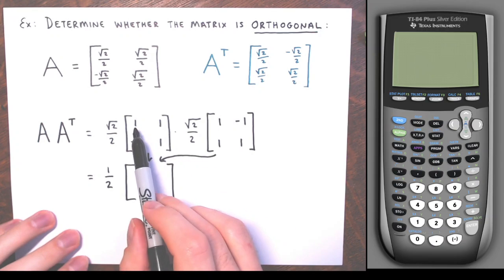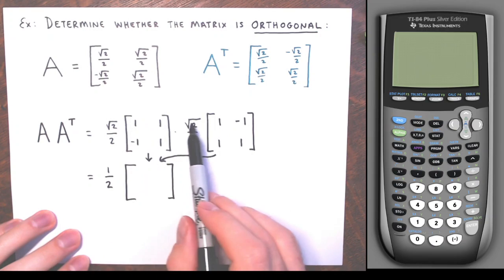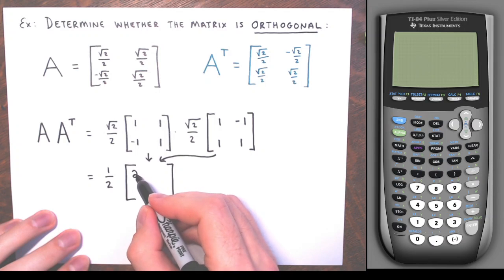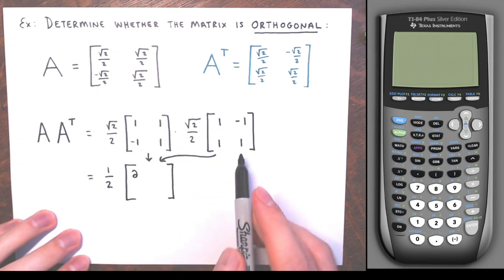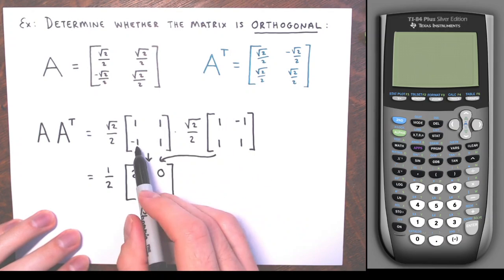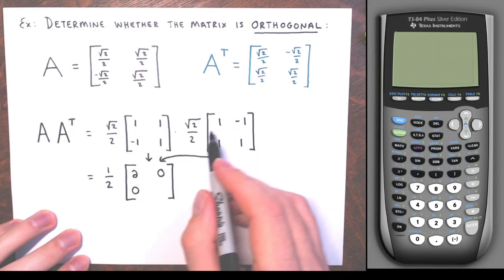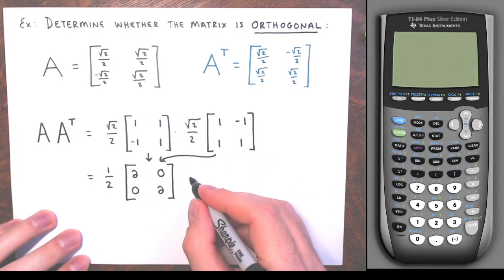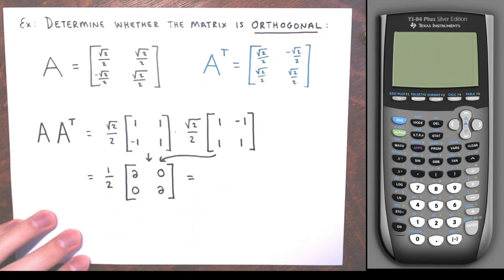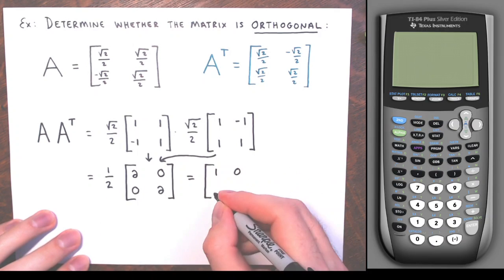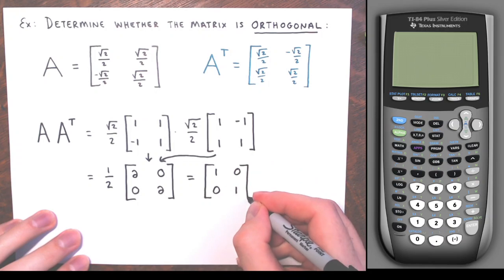Just multiplying these two, I get 1 plus 1, just 2. Then negative 1 plus 1, 0. Then negative 1 plus 1, 0 again. And positive 1 plus positive 1, positive 2. And putting that half inside, I do indeed get the 2 by 2 identity matrix.